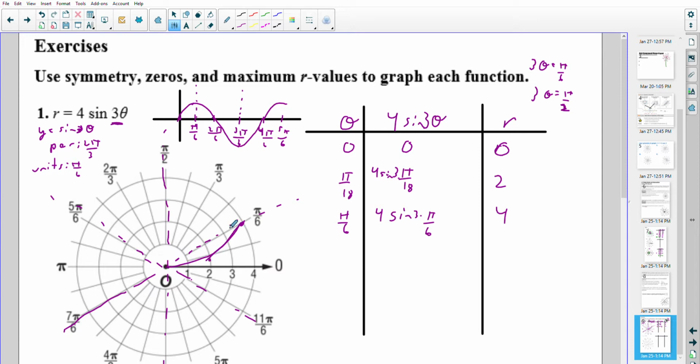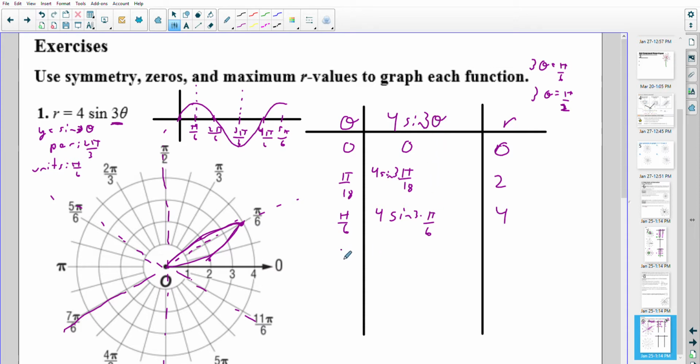Now, with knowing that there's symmetry over this line, I can actually go ahead and put in the other part to this, which is that right there. So it's like a petal that's coming out of that particular one. Now let's keep going with a few more points. Let me also see what pi over 3 would be.